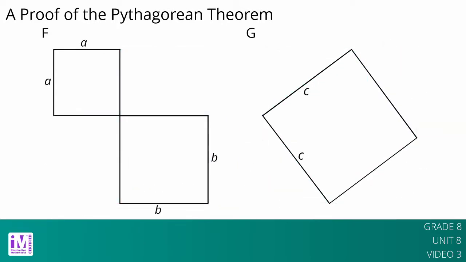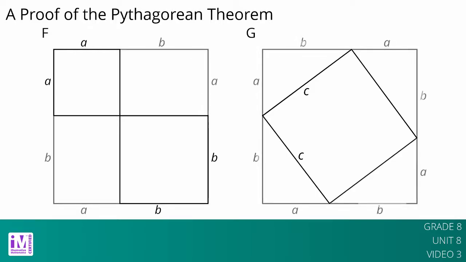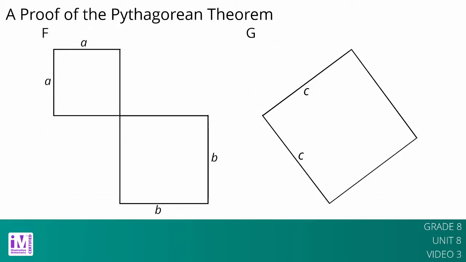These matching areas help us see that when the sum of the 4 areas in square F are set equal to the sum of the 5 areas in square G, the result is a squared plus b squared equals c squared, where c is the hypotenuse of the triangles in square G and also the side length of the square in the middle.